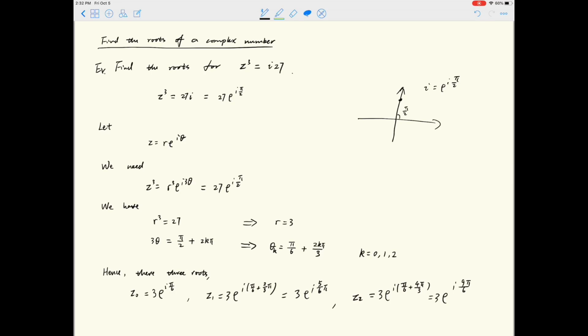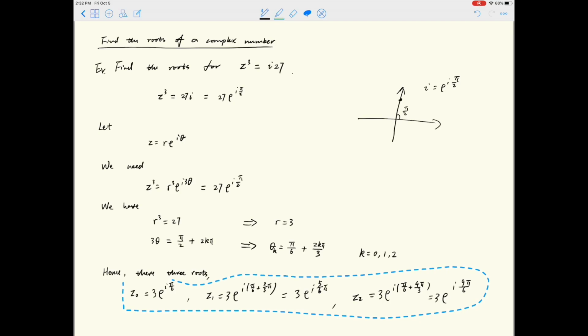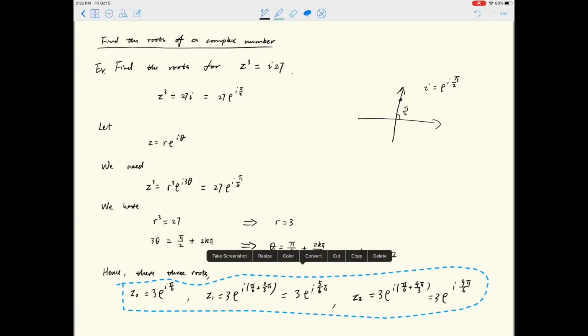So these are the roots for this problem, 3 roots.